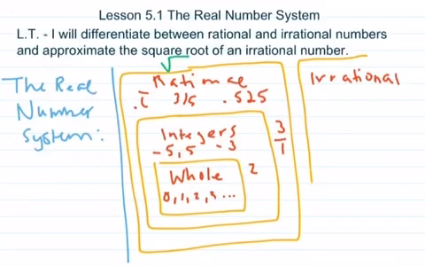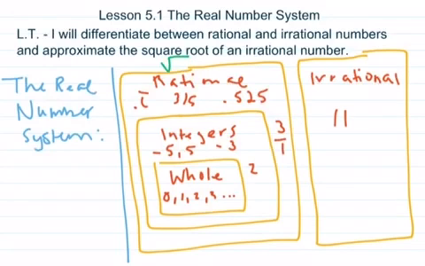So, if rational numbers are decimals that either terminate, stop, or they repeat, irrational numbers are numbers that don't repeat and they go on forever and ever. The best example would be pi. Pi is that 3.14 and the decimal continues forever and never repeats.